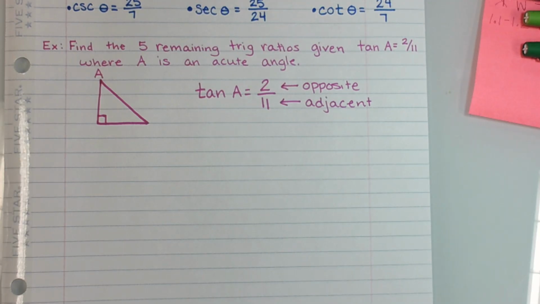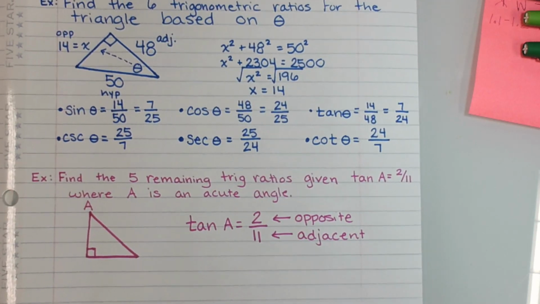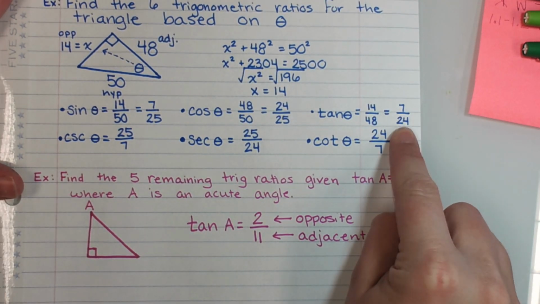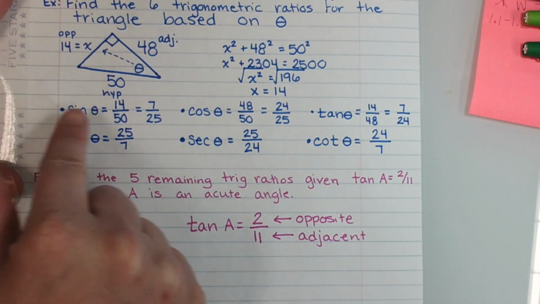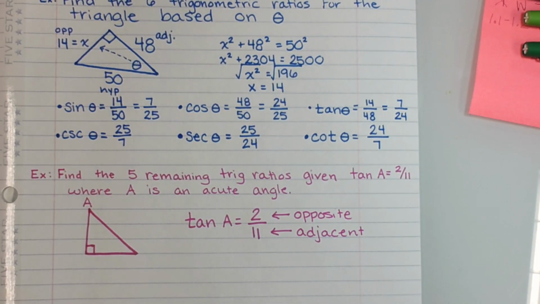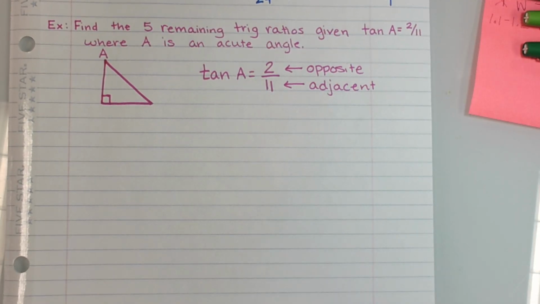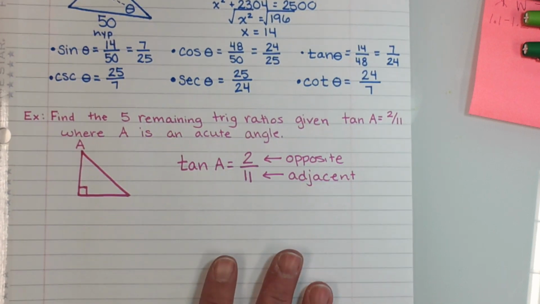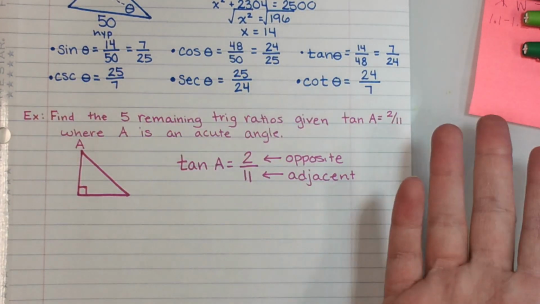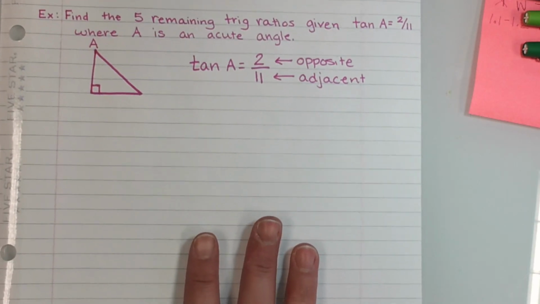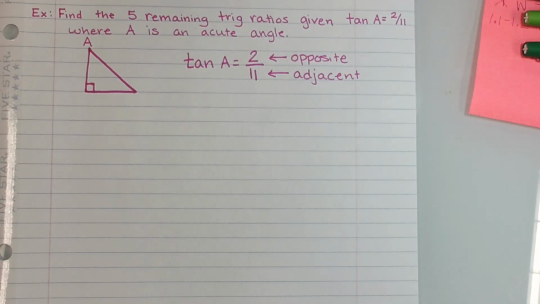Now, in all technicality, that's not 100% true. It's not 100% true because of the fact that, for example, on the previous problem, tangent was 7/24, but were the side lengths 7 and 24? No, technically we simplified the fraction to get that. This one might be a simplified fraction to get that, but did you also notice that all the fractions really kind of simplified in the same way? And generally speaking, that's going to hold true. So it's going to be just fine to call that the opposite, that the adjacent.